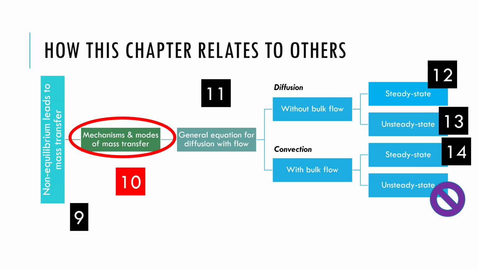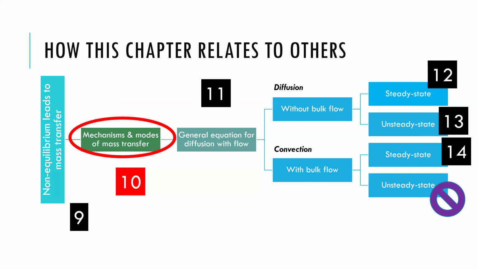Okay, so how does this chapter relate to the others? So we are here on chapter 10 and we finished chapter 9. Chapter 9 simply defined those concentrations, and we said how non-equilibrium leads to mass transfer, which is exactly like in heat transfer, that if you have a temperature difference between two things that are in contact, then heat will flow from hot to cold.